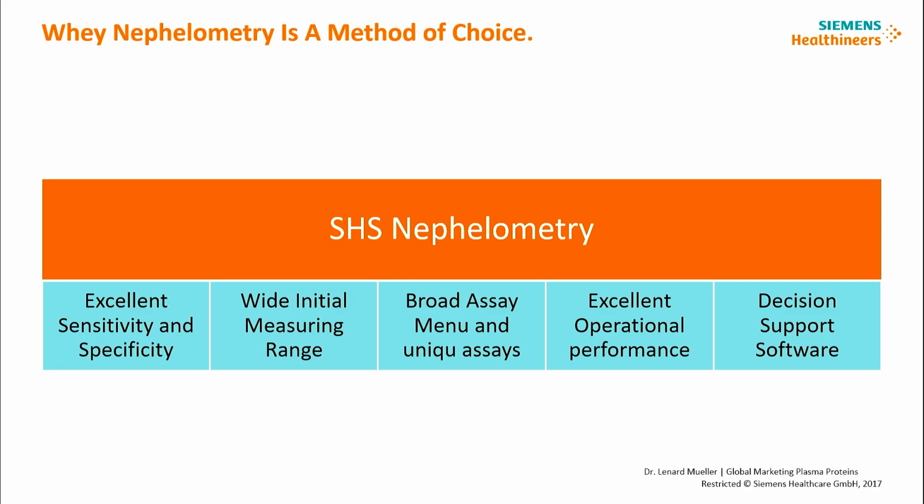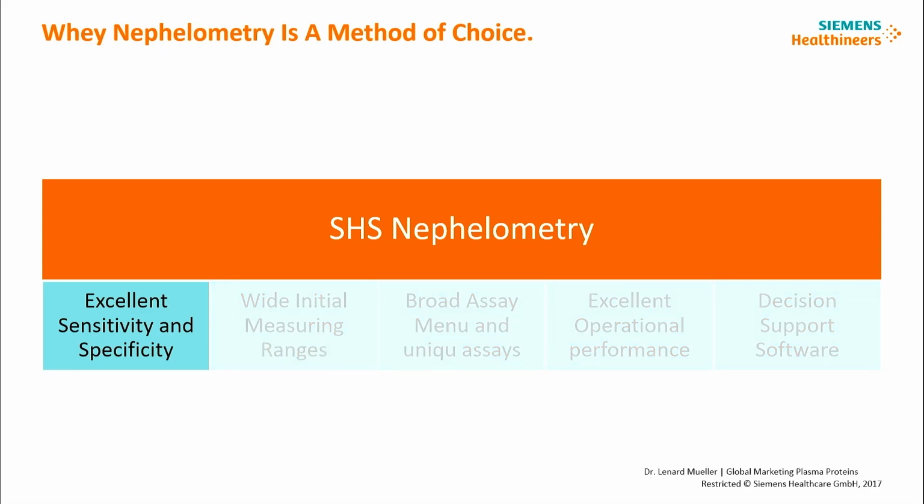We also provide, with our BN or Atellica NF system, excellent operational performance. And there is a unique solution we can add, called Protus software. Protus is a kind of decision support software, and we'll give an example of how we can use it.